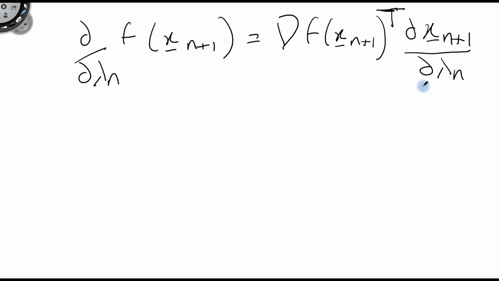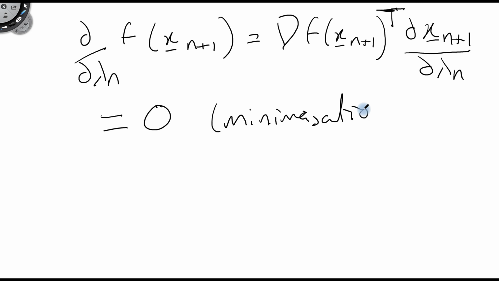We want to show that this feature of minimizing along a trajectory defined by the gradient is, but that equals 0, because that's your minimization. The d by d lambda n of the function at the end equals 0 is exactly your definition of minimization.